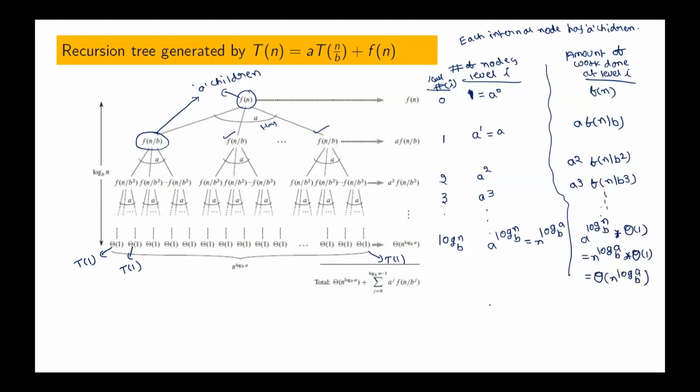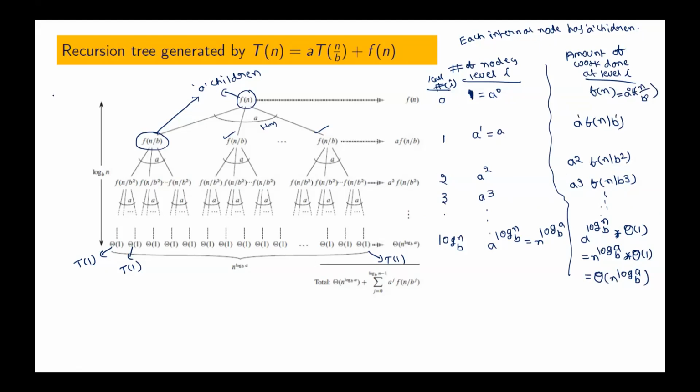Now you sum up the work. Level 0 work is f of n. Can we write it as a power 0 into f of n by b power 0? B power 0 is 1, f of n by 1 is f of n, and a power 0 is 1. It is the same as a power 1 by b power 1, a square by b square, a cube by b cube.